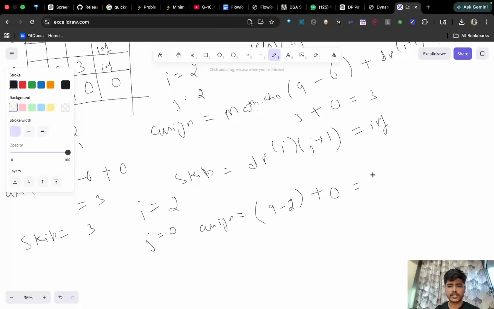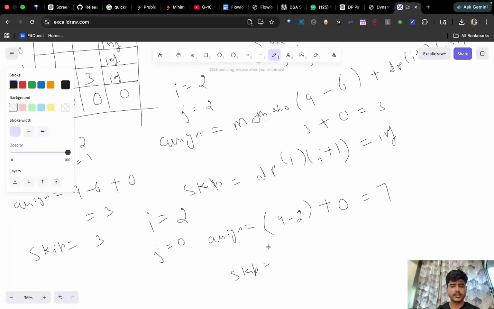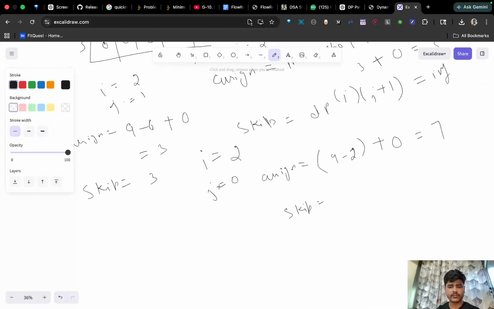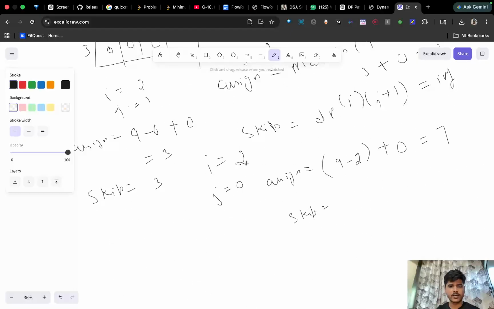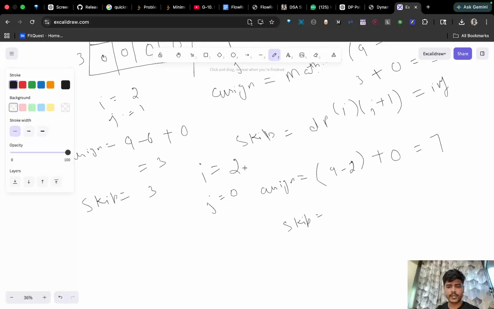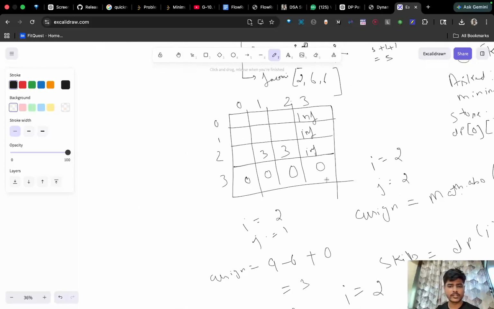So here the answer becomes 7. And if I skip, I do not assign my third robot to the 0th factory. In that case, I will be borrowing the answer for the third robot for the second factory. That is the answer for dp of i and j plus 1, that is dp of 2 and 1. For 2 and 1, the answer was 3. So skip becomes 3. And what is the minimum of 7 and 3? It's 3. So I will write the answer 3 here.